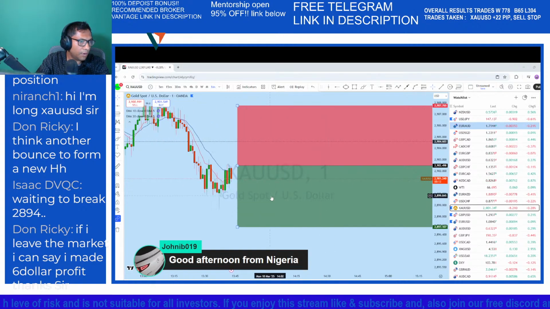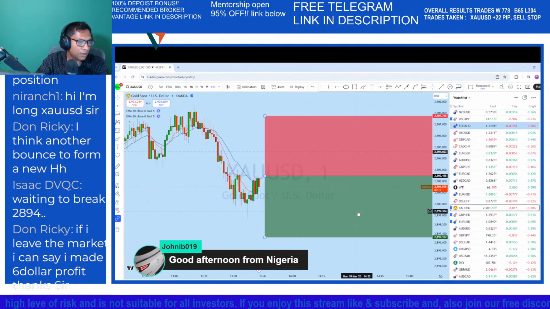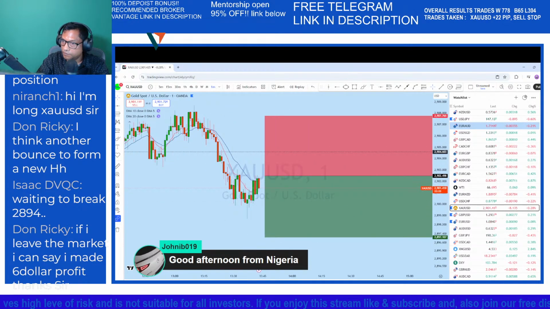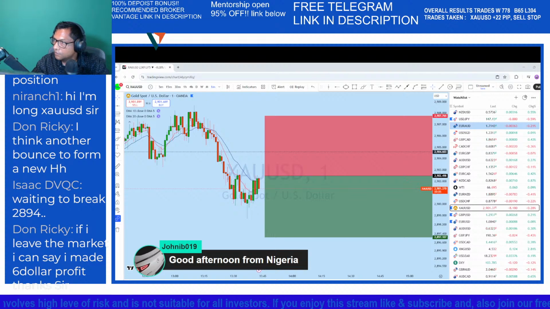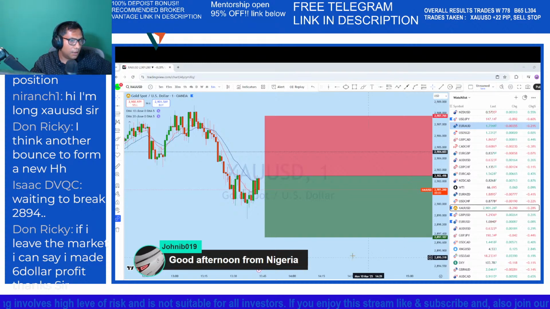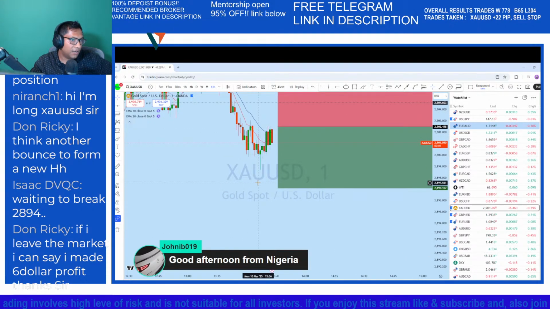So there is a probability now for expecting another wave of drop here. We see multiple liquidity grabs.